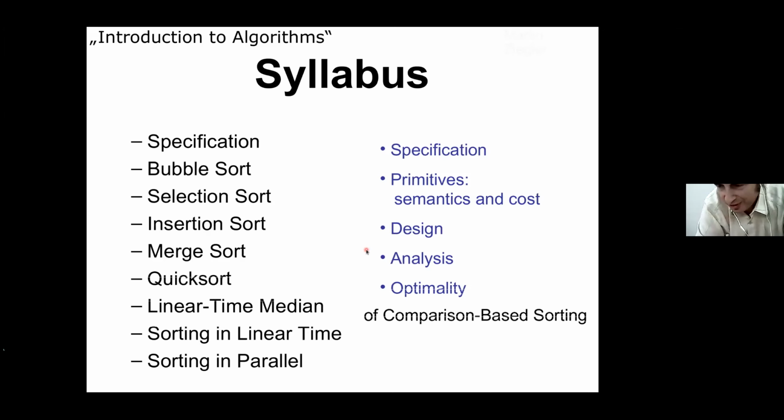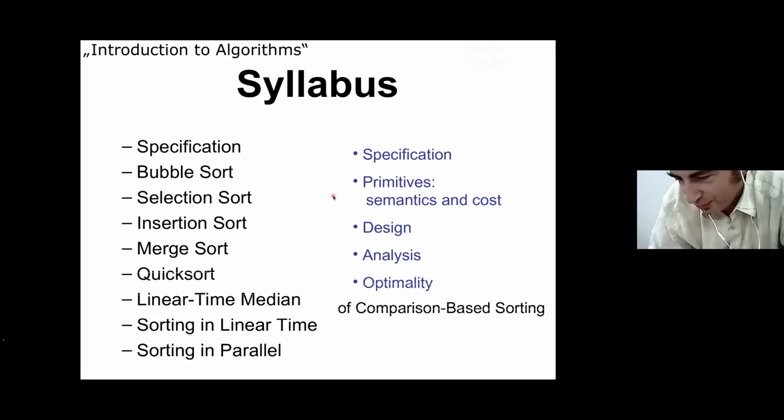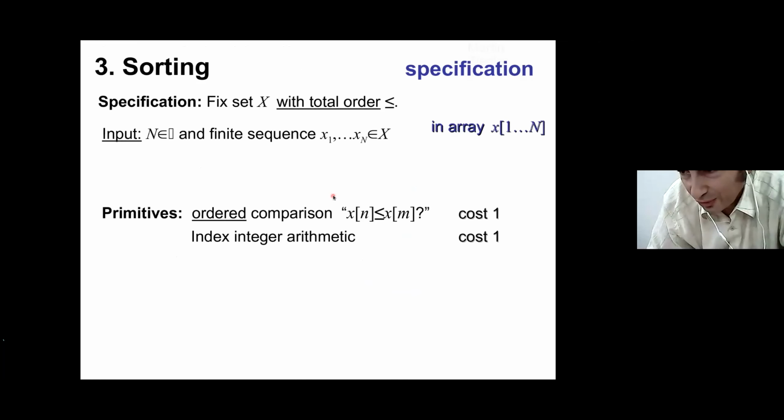So you always have these specifications according to which you estimate the merits of algorithms, their complexity, and how do you design them efficiently, and so on. So I don't want to repeat this. These are fundamental criteria of algorithm analysis, which always occur.